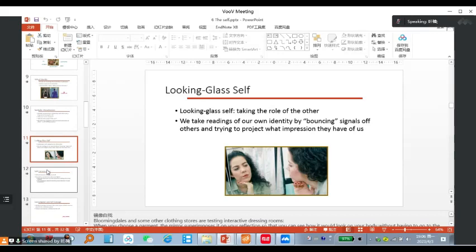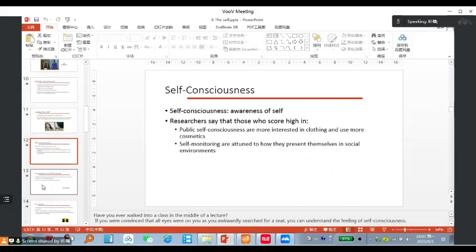We can look into the glass and take the role of the other to have a feeling of who am I, and what impression others will have of us. So we have self-consciousness, awareness of a self.